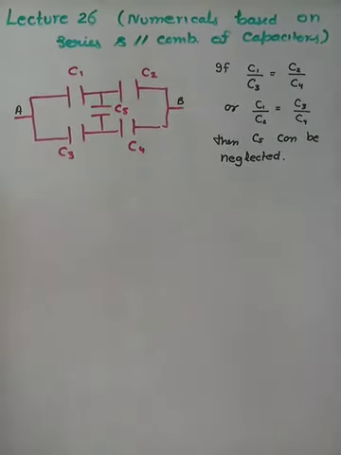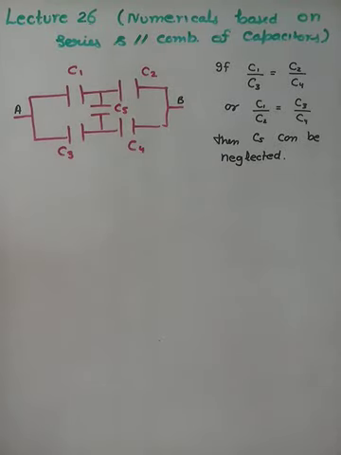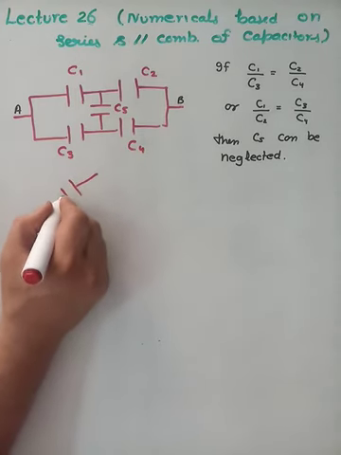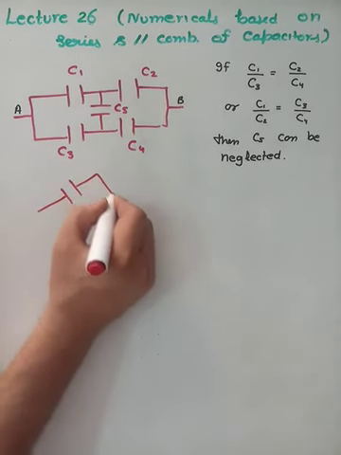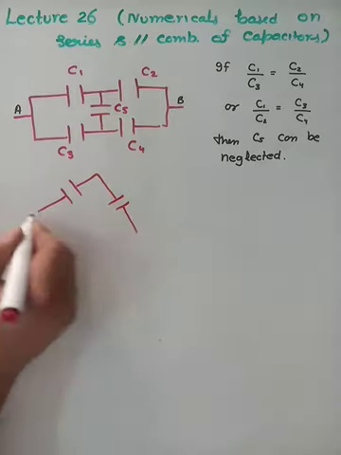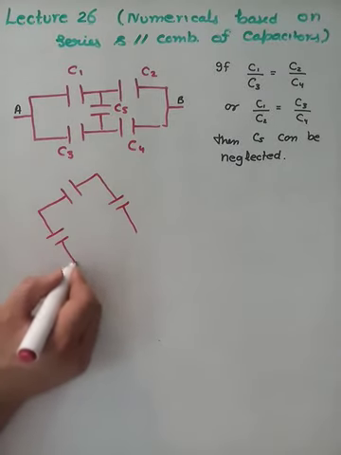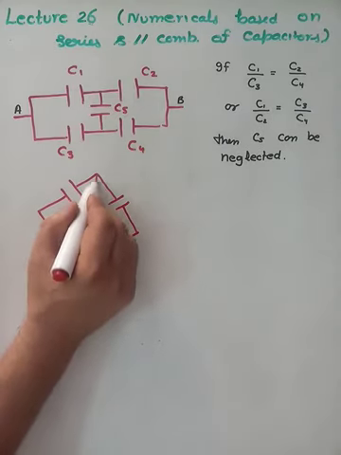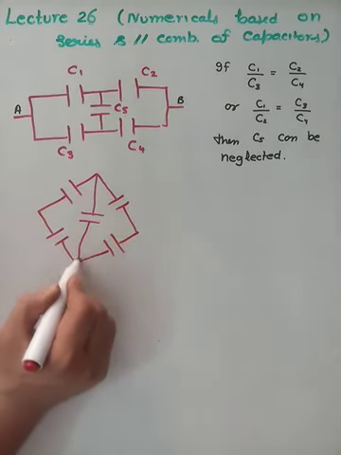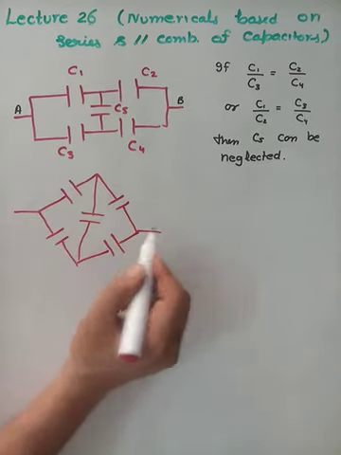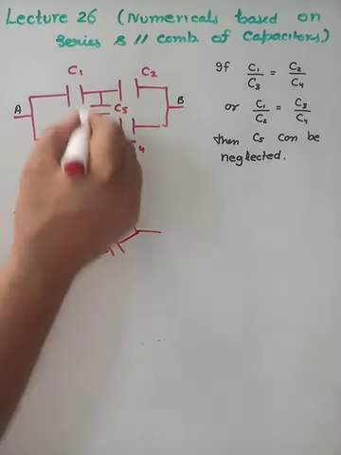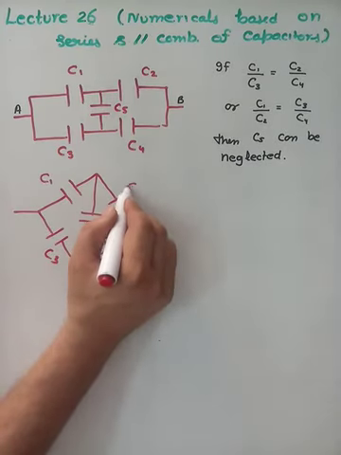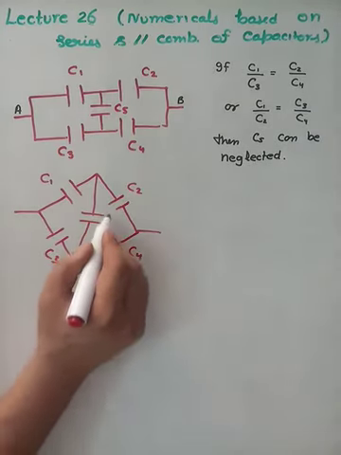Now very similar to this circuit, another circuit is there. Suppose these two are the same. This is C1, this is C3, this is C2, this is C4, this is C5.